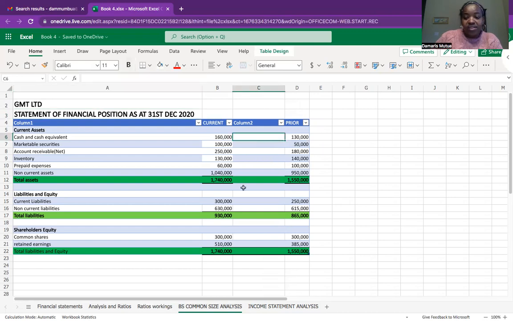When we're analyzing the balance sheet, it's a little bit different from the income statement, because our base is the total assets, the totals. That is our total assets, which is the same as the total liabilities and equity. So we look at our cash and cash equivalent as a percentage of the total assets.